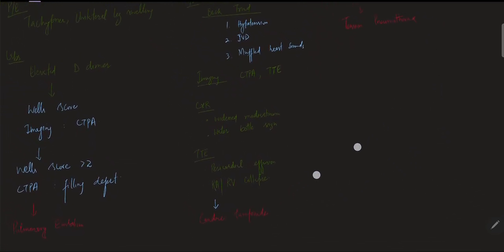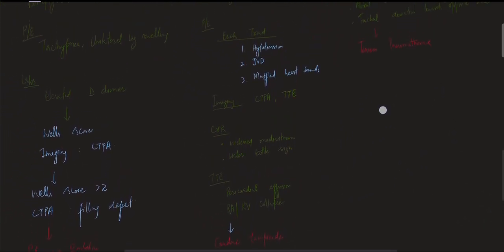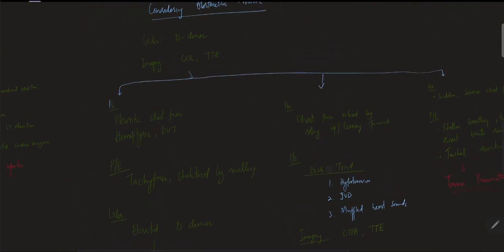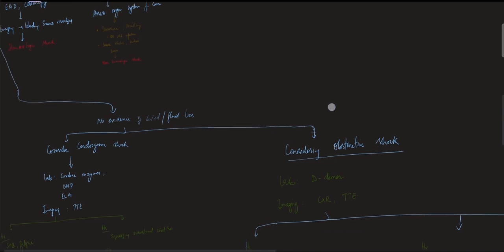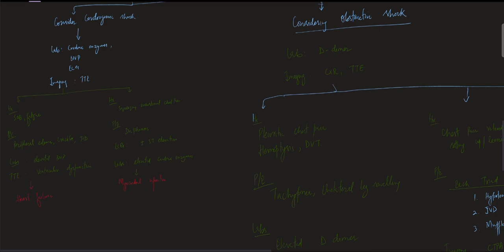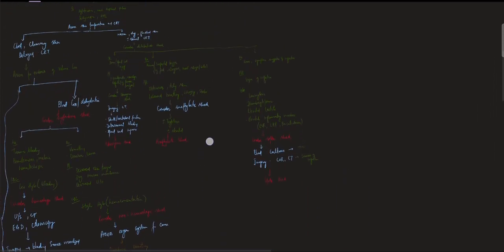So these you have to keep in mind: tension pneumothorax, cardiac tamponade, and pulmonary embolism. These are basically the no evidence of blood loss, considering obstructive shock. In cardiogenic shock we can have heart failure or myocardial infarction.